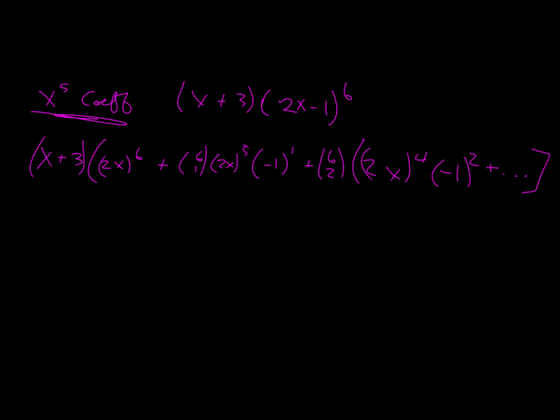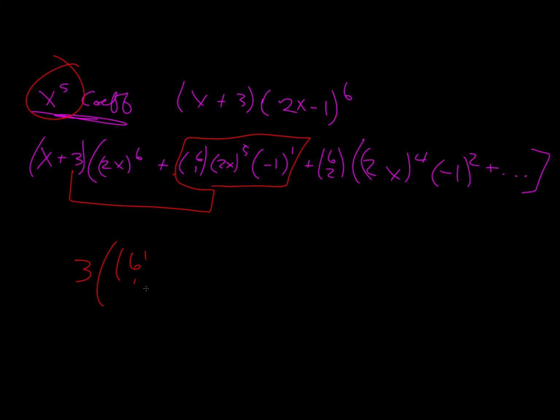Okay, now we're going to focus just on x to the 5th stuff. And so this piece, if we do 3 times this, since this doesn't have an x in it and this has an x to the 5th in it, that's going to give us a piece that we care about. So I'm going to get 3 times 6, 1, 2x to the 5th, negative 1 to the 1, and that's one piece.